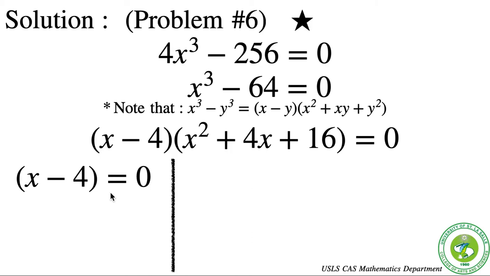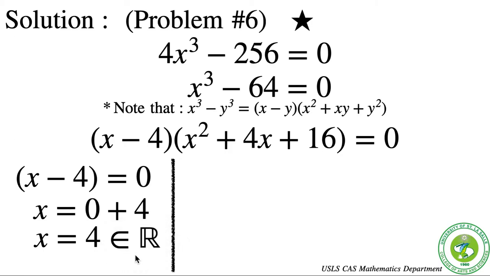So what we'll do here is transpose, and what we have is x equals 4. So in our case 1, the question is, is this solution good for our problem? That is, is it a real root? Because our problem asks us for real roots. And yes, 4 is a real number. So therefore, this is okay for our problem. This is one of the real roots of this cubic equation.